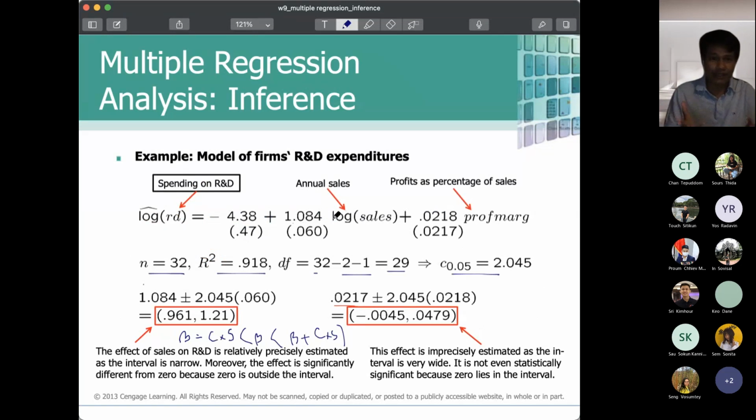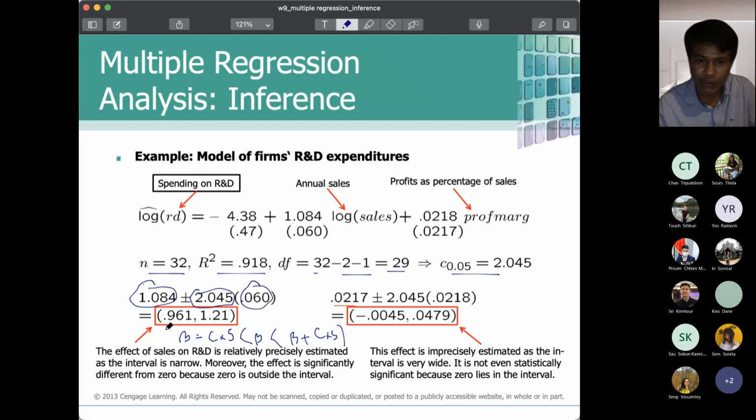Next, guys, you can download this slide from the lecture note folder. By the way, I already uploaded it. All right. So here you simply calculate it yourself. What is the coefficient for this sales variable? Here is the coefficient, right? And this is the critical value. And this is the standard error.